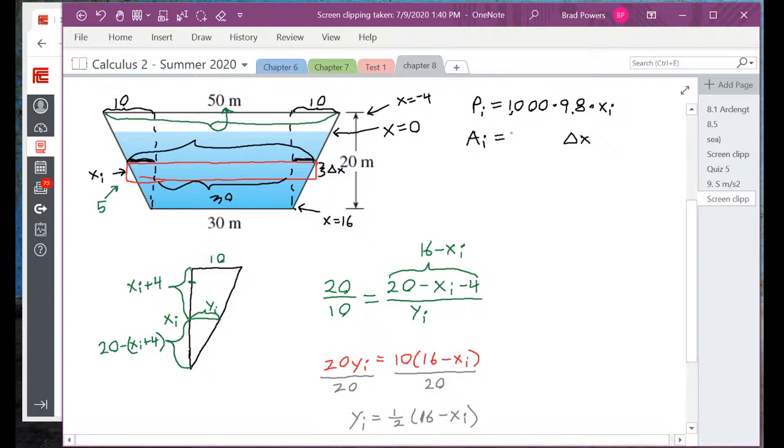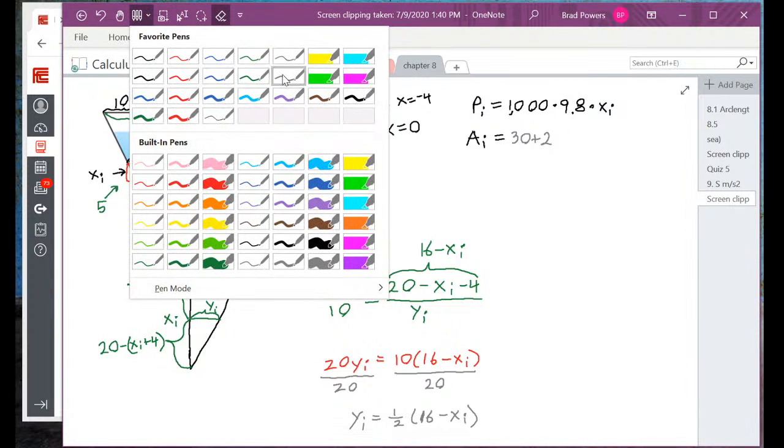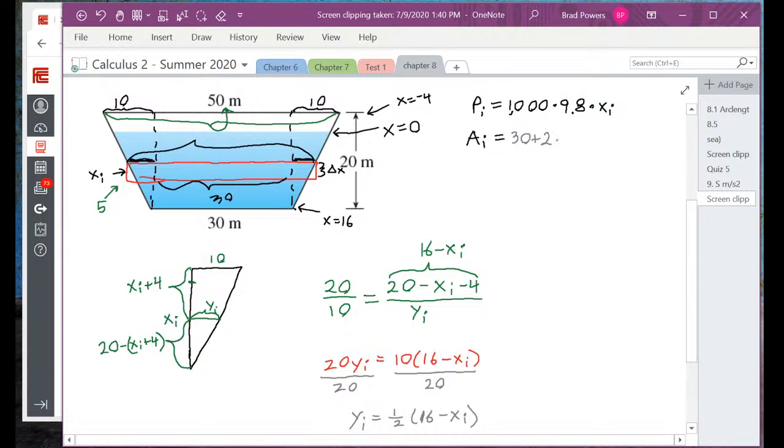So we're going to write 30 plus 2, and it looks like we need a little bit more space. So let's get rid of this delta x for now. 30 plus 2, oh, 2 times 1/2, well, that's just going to cancel out.